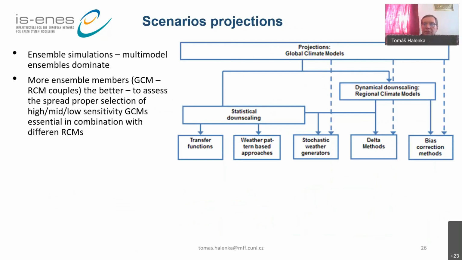Okay, so the scheme of that chain of progress when going from projections with GCM to the real impact outputs. You can see that there are some intermediate steps of statistical downscaling or regional climate simulations, or you can go even directly.